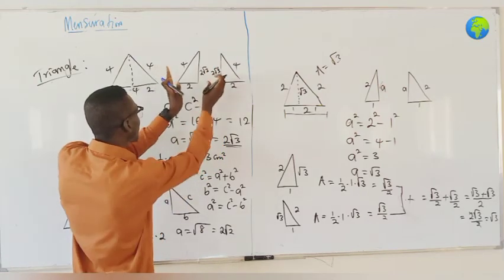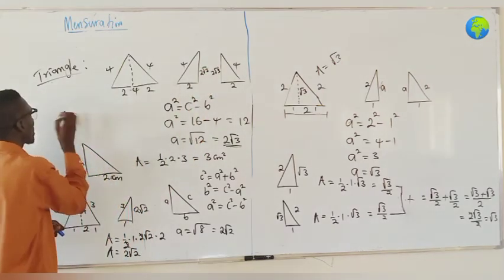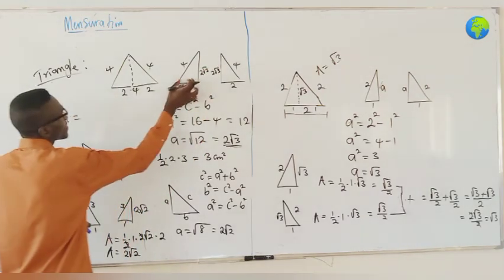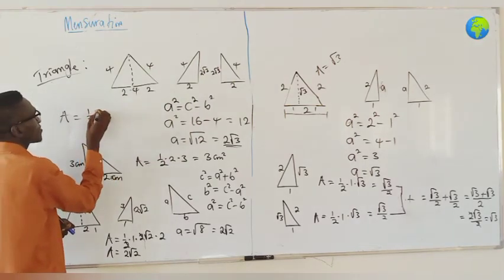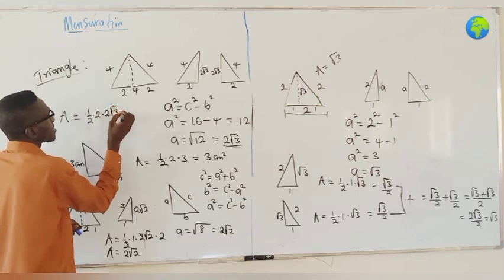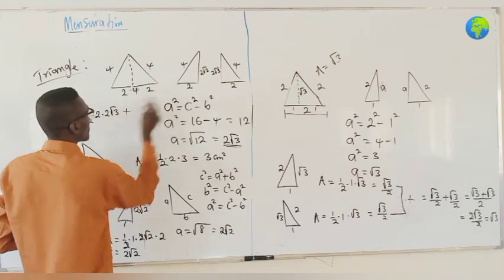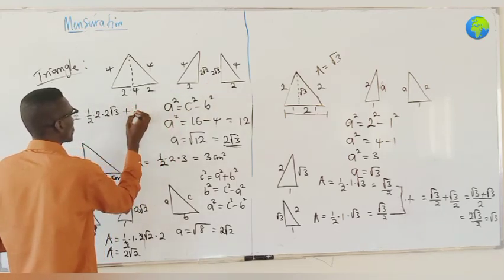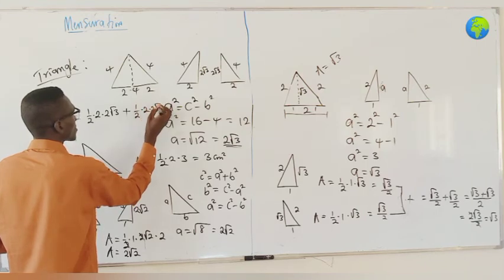These are two different angles. To join them, I'll get this. So let's see. The total area is going to be the area of this plus the area of this. The area of this one is going to be 1 over 2 base, which is 2, times height, which is 2 root 3, right? Then I'm still adding normally plus this same thing, because it's the same result, 1 over 2 times 2 times 2 root 3.